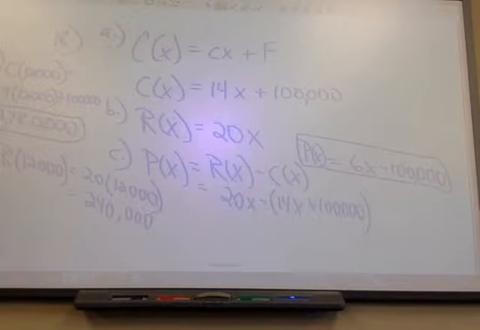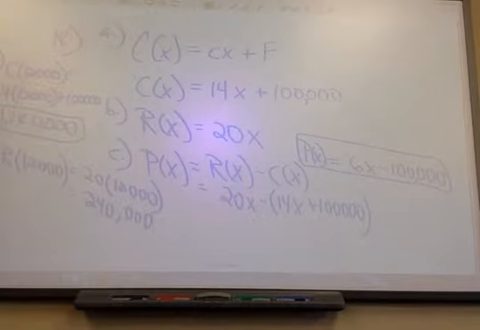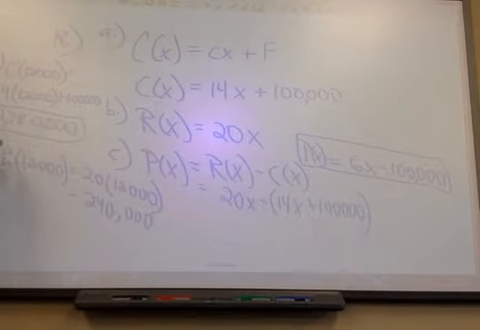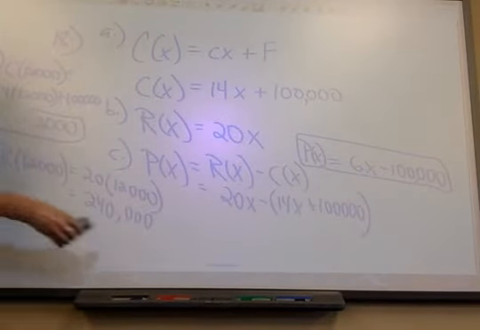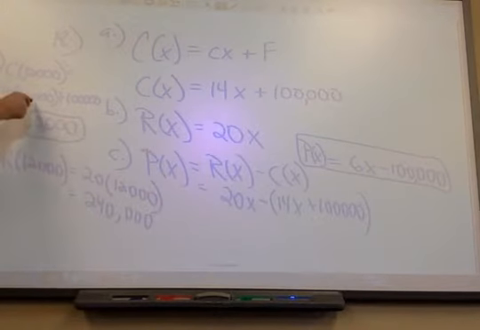Let me check my calculator here. I didn't get that top number. I got 268,000, that's what I was checking. So 168 plus 100 is 268. Good.